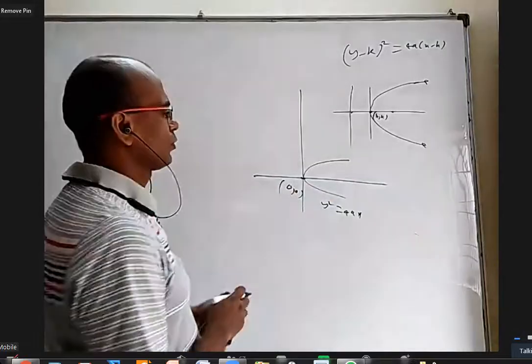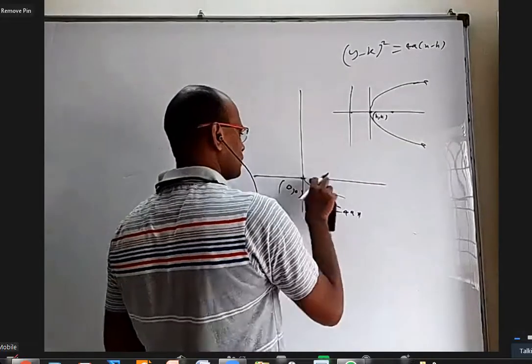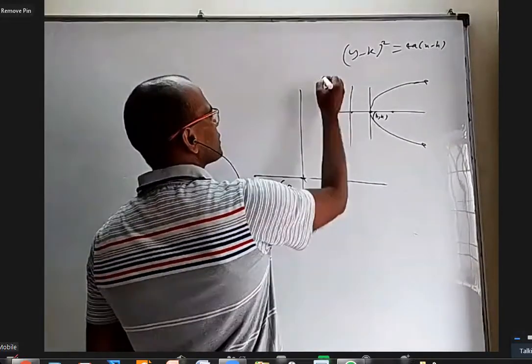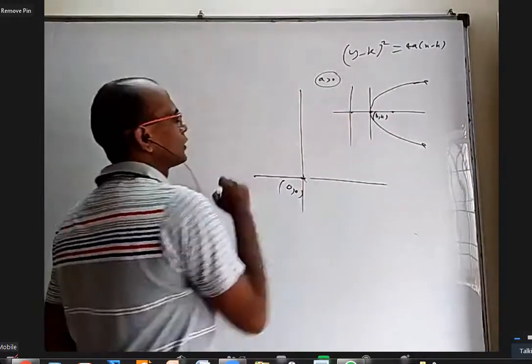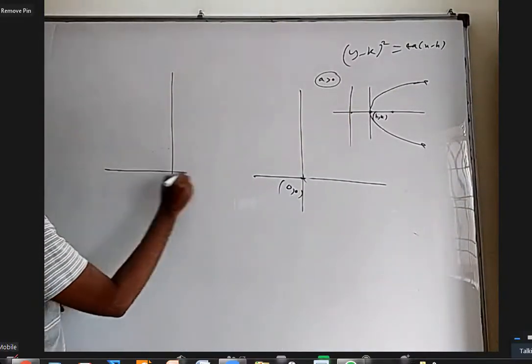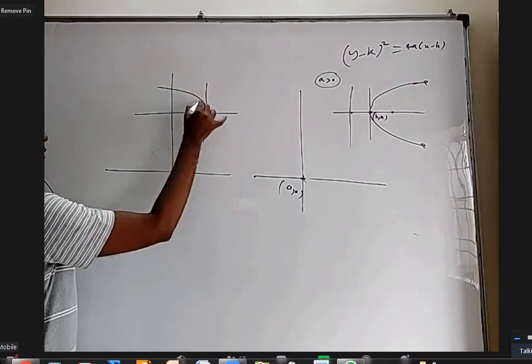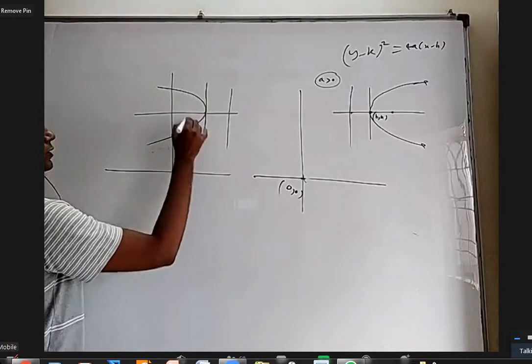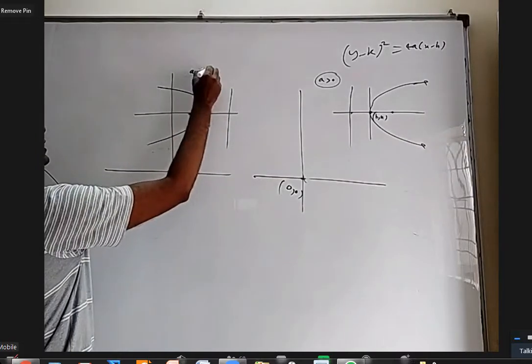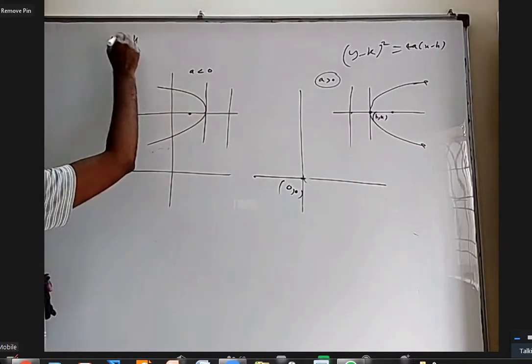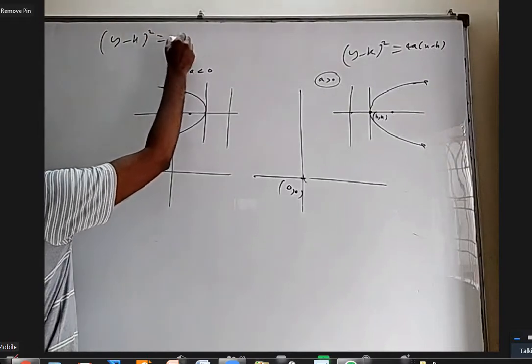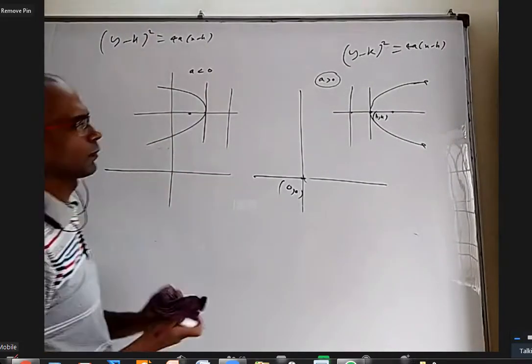When a is negative, it will be opening towards left. So I will simply write a greater than 0 here, and another parabola like this, directrix here, focus here, is when a is less than 0. But we have to study y minus k whole square equal to 4a into x minus h.